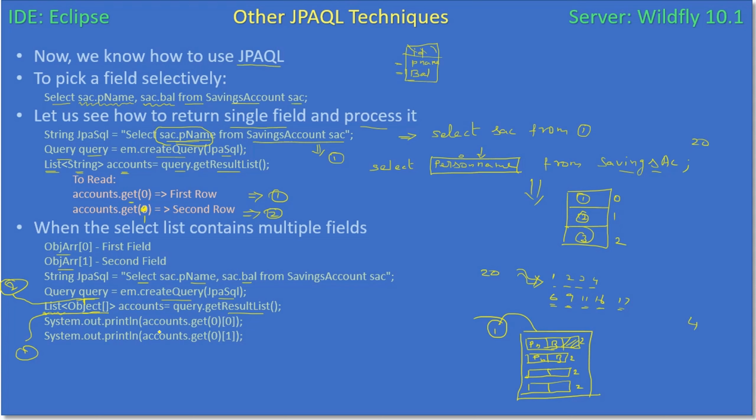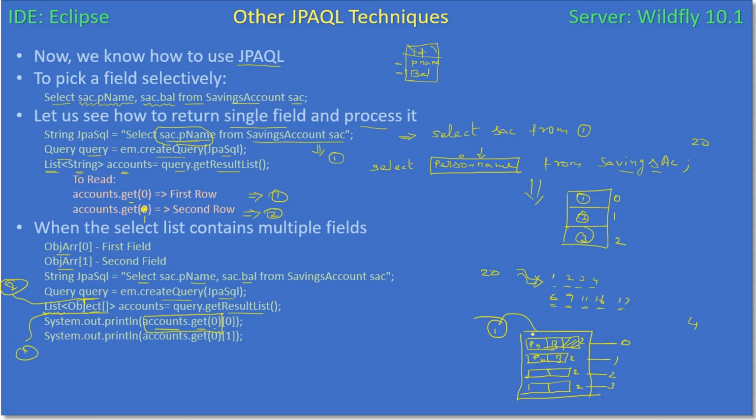And in System.out.println, if you see how we are processing it, accounts.get(0), this portion is from the list method. Accounts is nothing but a list. So list.get at the 0th index. Index 0, 1, 2, 3. So accounts.get(0) means the very first object array. Then here we are dereferencing it using the index operator and we specify 0.